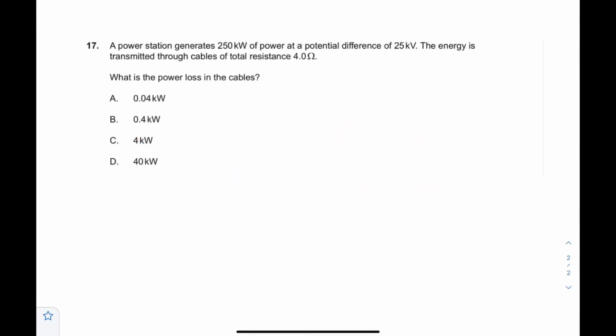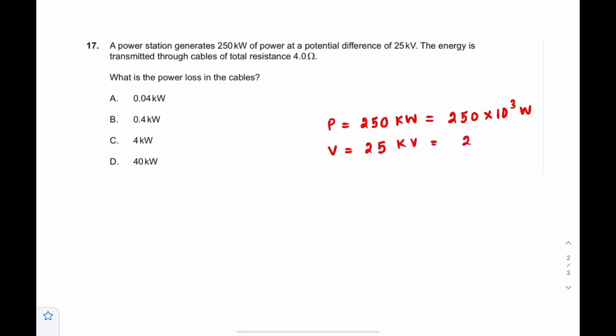Now proceeding on to the next question, a power station generates 250 kilowatt of power at a potential difference of 25 kilovolt. So the power generated by the power station is 250 kilowatt. What is kilowatt in watt? 250 into 10 cube watt. And the potential difference V is 25 kilovolt, so 25 into 10 cube volt.